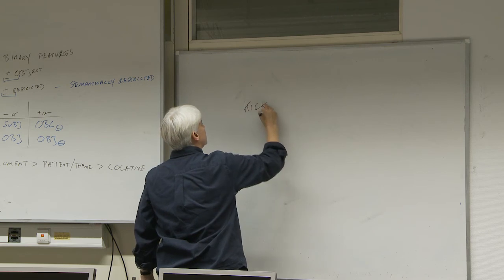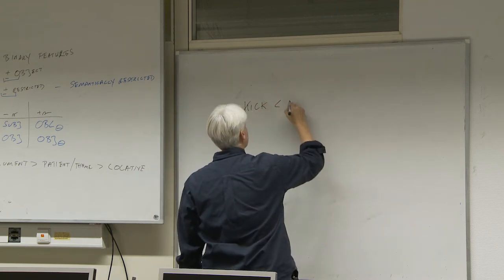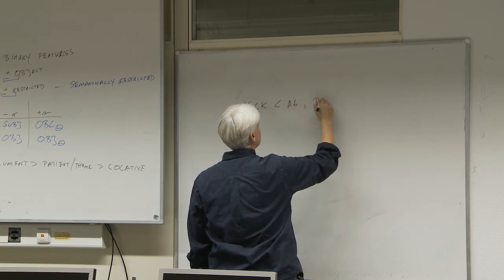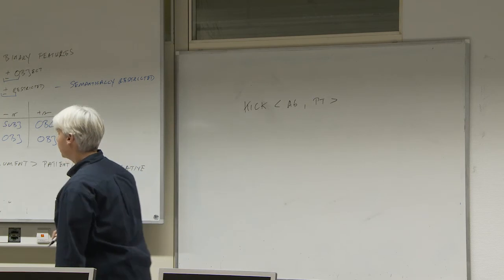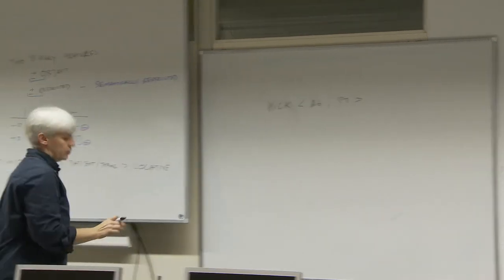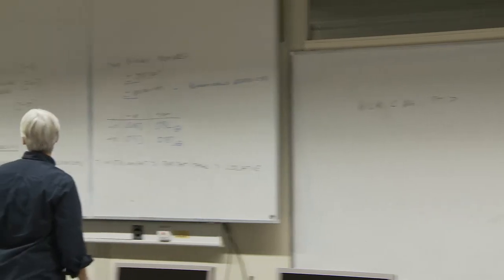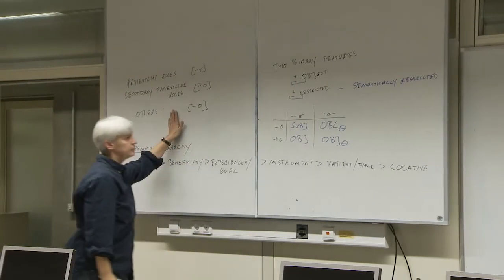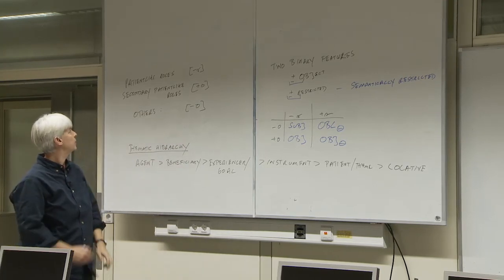They're the best because then you have clear agents and patients. So kick has two arguments, right? An agent and a patient. So first we do this. We have agent, patient.